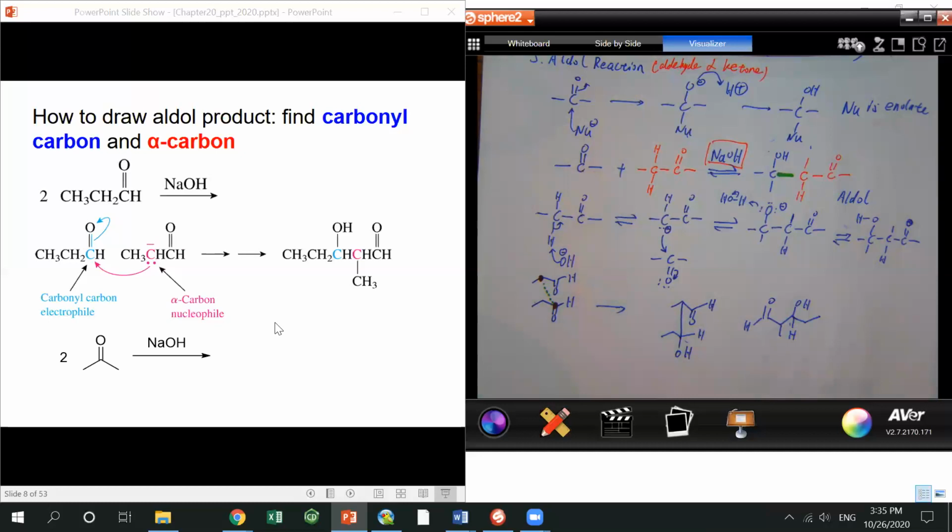Now you guys take a try. Try to draw the product with these two acetones for the Aldol reaction.